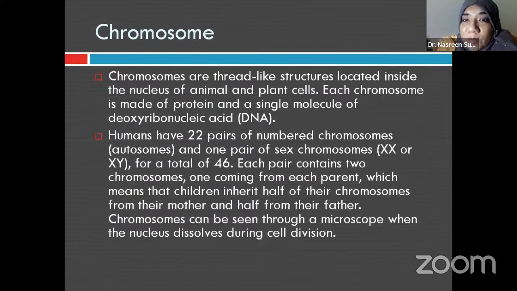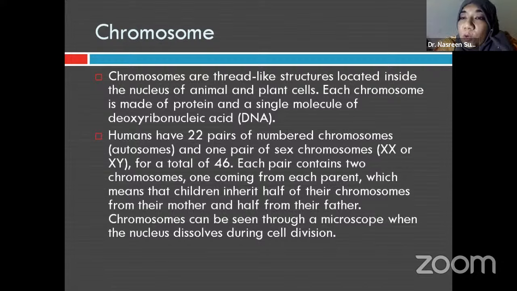Now coming to the chromosomes, what are chromosomes? They are thread-like structures located inside the nucleus of an animal and plant cell. Each chromosome is made up of a protein and a single molecule of DNA. Usually in human beings, there are 22 pairs of chromosomes and one pair of sex chromosomes.